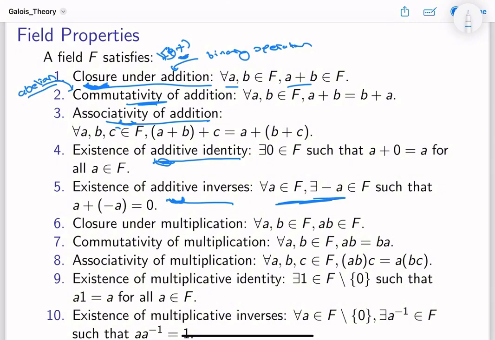And since the group is abelian here, we're requiring commutativity of the operation. So this is what makes F with plus an abelian group.